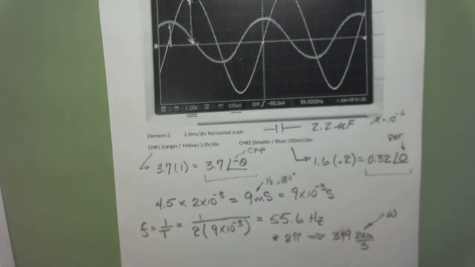It's not 377 because it's not 60, but it's fairly close. And the important part is that we know what it is. I'm going to grab my calculator here and just double check a couple of these numbers, make sure that we are good with them. I think we're okay with that.